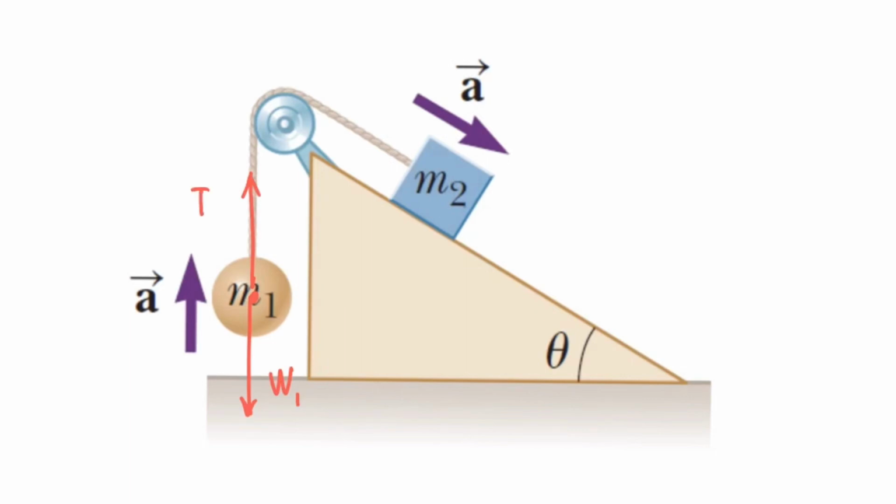These are the only forces that are acting on M1, and since the acceleration is directed upward, we could say that T1, or the tension, is much greater than the weight of mass 1.